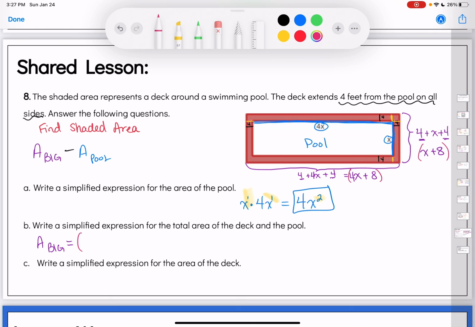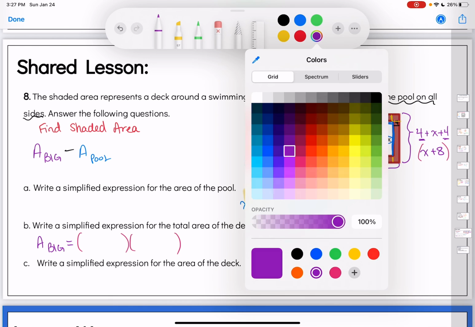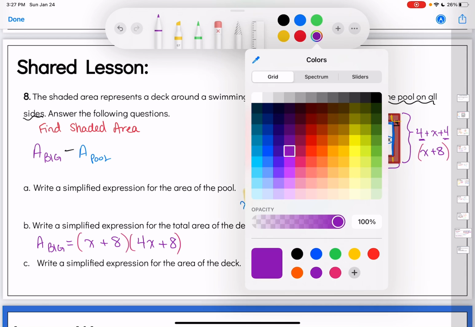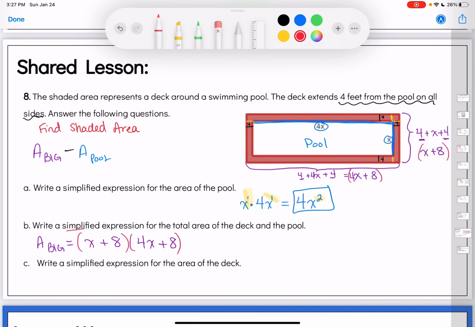The area of the big would be x plus 8 times 4x plus 8. Now it does say to simplify this, so I do need to actually do my foiling, right? Here's x times 4x gives me 4x squared.